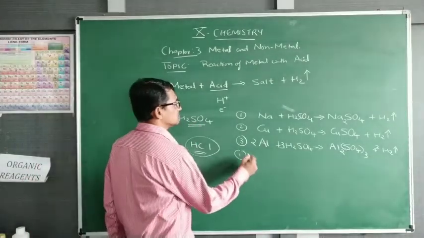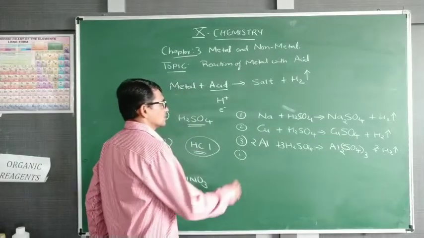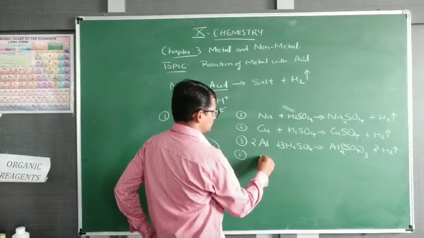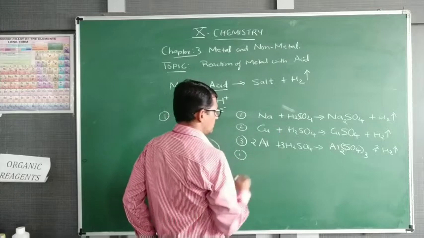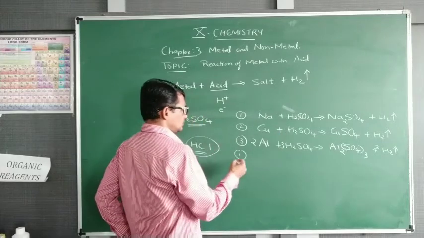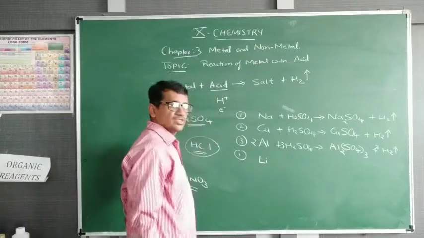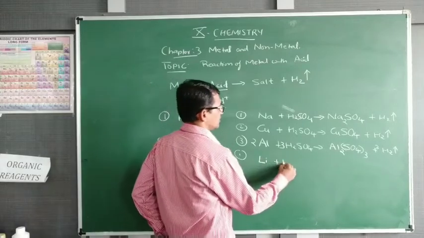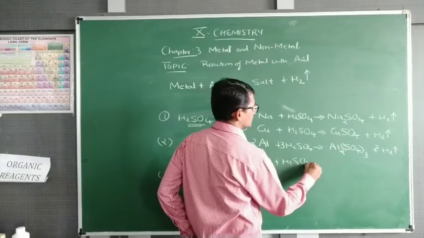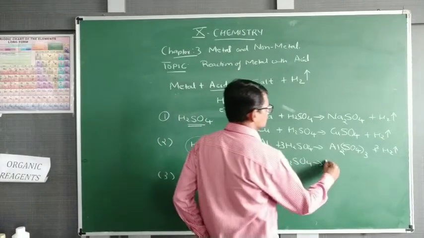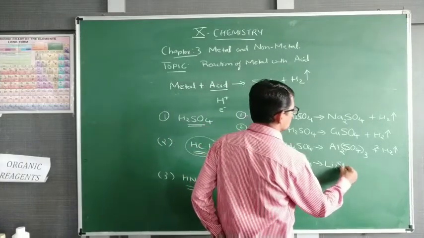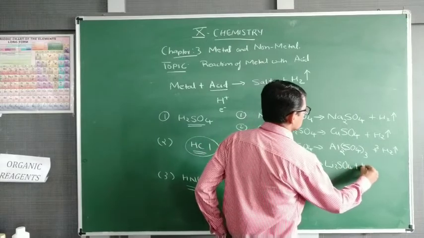In hydrochloric acid, again we take a metal, suppose sodium and potassium, very reactive. So we take the second metal, suppose it is lithium. Okay, lithium when it reacts with H2SO4 gives lithium sulfate, Li2SO4, plus hydrogen gas.